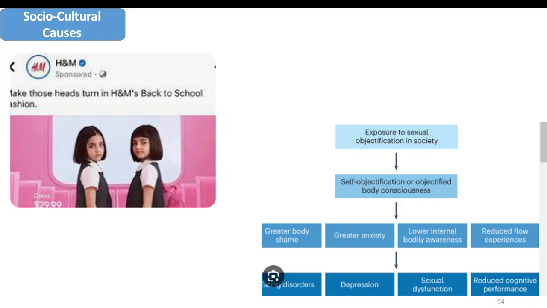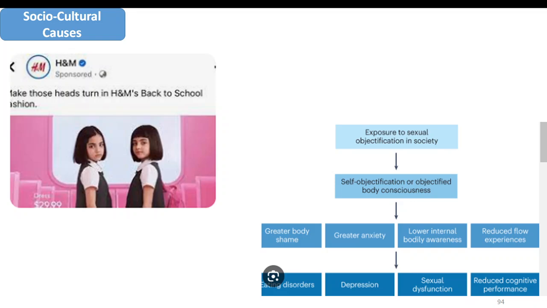In fact, you may check on Google, this ad attracted a lot of backlash, and it compelled H&M to withdraw its ad and put it in the right fashion. So such perceptions, such practices lead to societal objectification, resulting in self-objectification or objectified body consciousness.